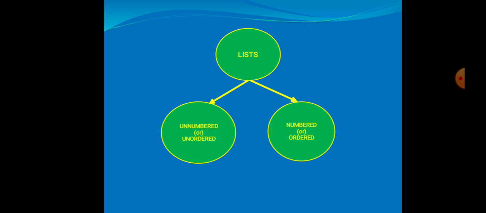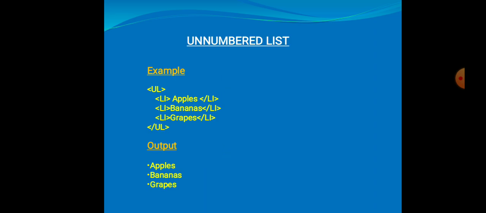The first one is unnumbered list and the second one is numbered list. Unnumbered list can also be called unordered list and numbered list can also be called ordered list. And students, this is an example of unnumbered list, showing how you can use it to display information on a web page.